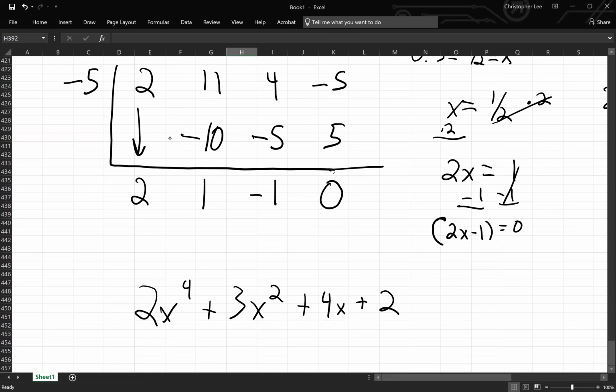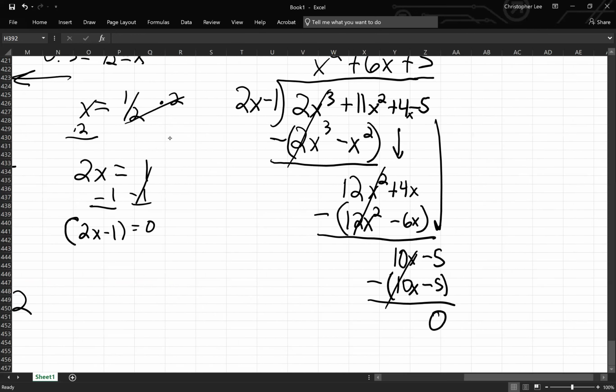I'm just making something up off the top of my head, right? Notice how I'm missing the x cubed term. If you're doing synthetic division, the numbers that you would put here for the coefficients would be what? 2, 0, 3, 4, and 2, right? So if we're missing a term, you must put in a 0 for that.